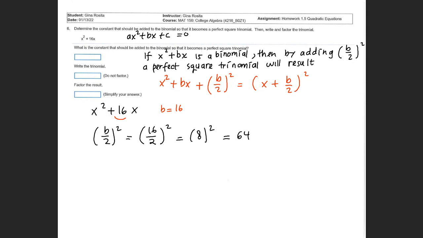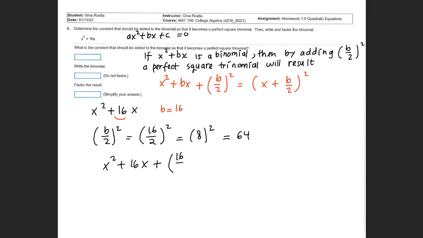After this, we just copy the formula: x squared plus bx plus b over 2 squared. So x squared plus 16x plus 64, because b over 2 squared equals 64.